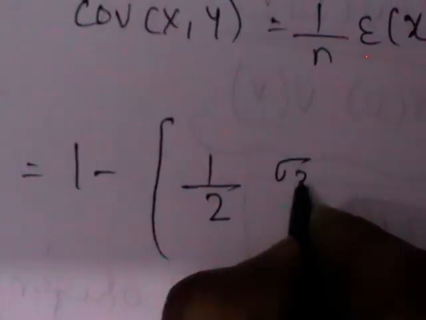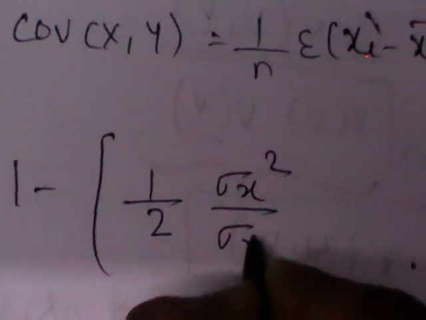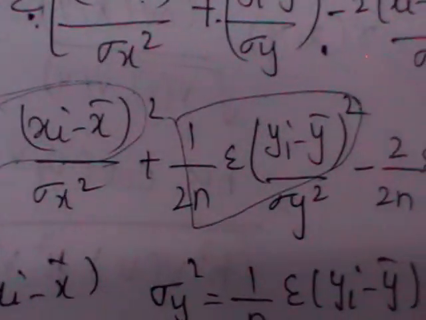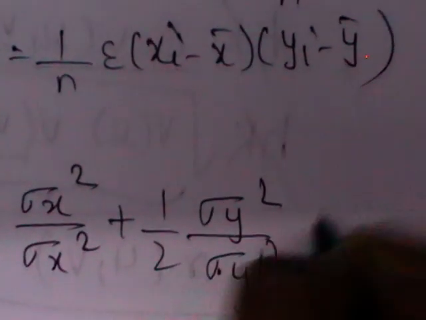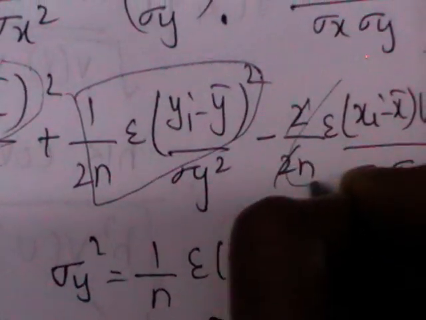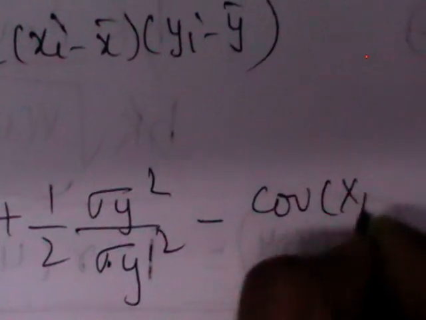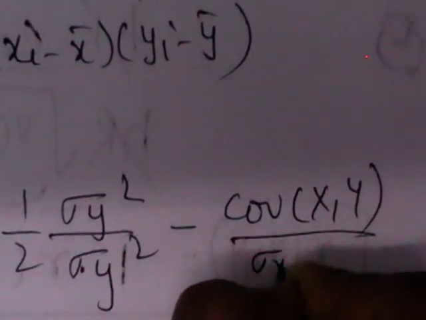1 by 2, variance of x by sigma x square. Similarly here you have 1 by n sigma yi minus y bar whole square. You can substitute that with sigma y square by sigma y square. And the 2 cancels. 1 by n sigma xi minus x bar into yi minus y bar is the covariance of x comma y by sigma x sigma y.